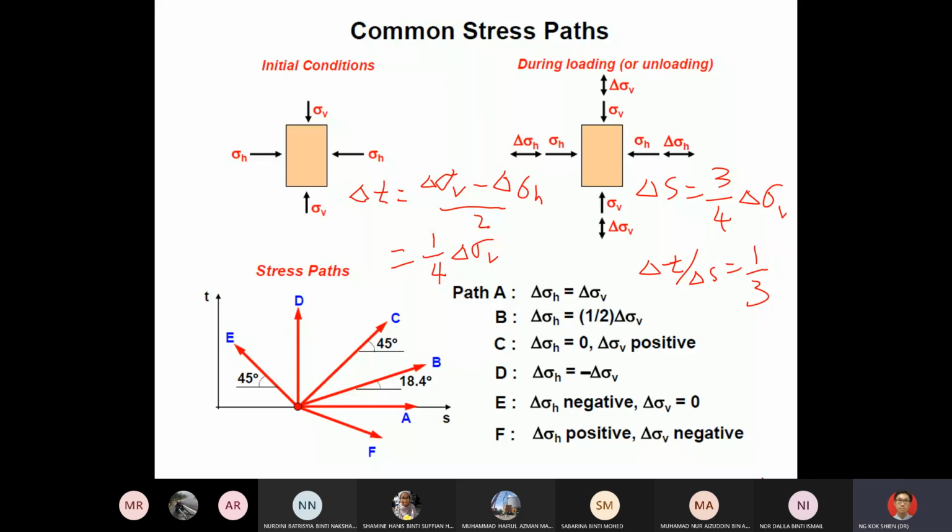But all this is not so common. The common one is this one, C1, because in the triaxial test, delta sigma H is 0. Because we apply constant stress over the test period, only the axial stress is increasing.